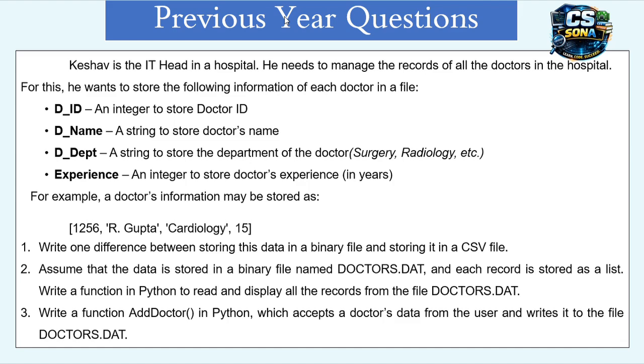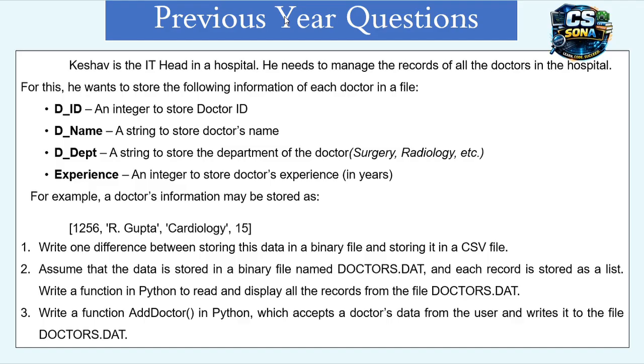You can open and directly read. If you want to directly make changes in the text file, that also can be done. And the second difference is, because there is no translation happening between binary and human readable format in a binary file, the execution of a binary file is much faster than the execution of a CSV file. So these are the two differences.